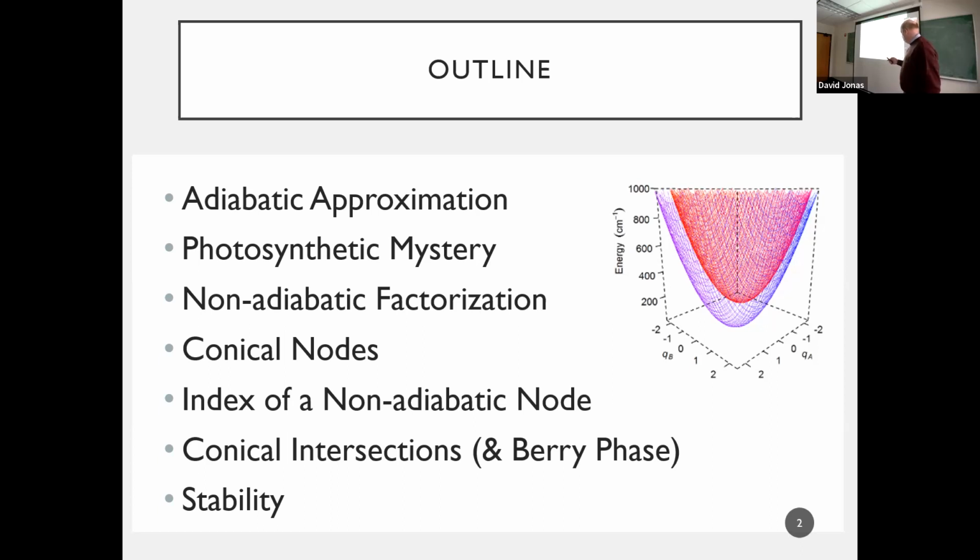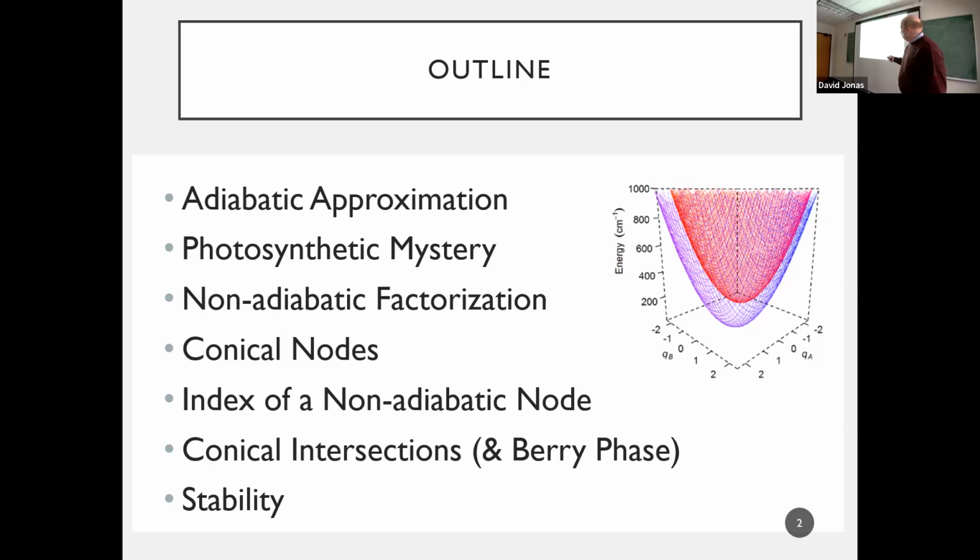Then I'll talk about non-adiabatic factorization. This part of the idea came from the work of my graduate student Bill Peters, who preceded Peter Foster. Then I'll talk about the conical nodes that Peter Foster discovered and why we call them conical nodes.